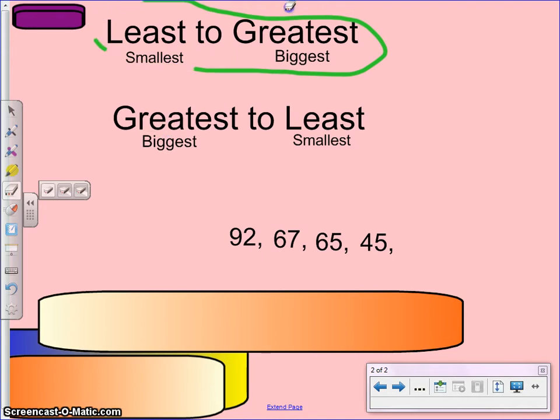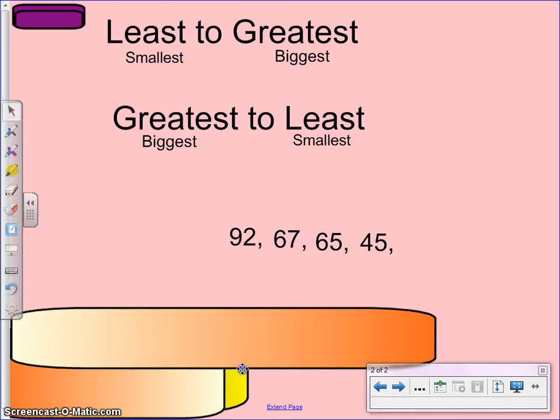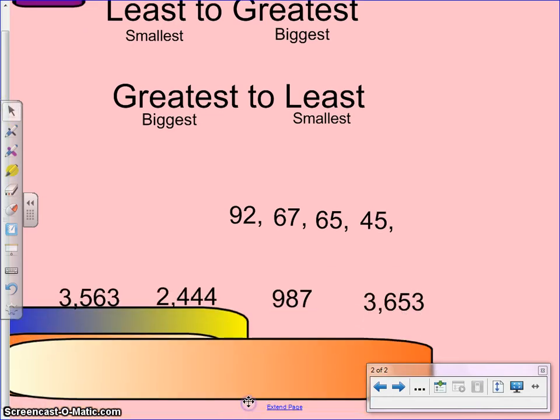Okay? And then another important thing to remind you about too is, just like comparing numbers, you want to make sure that you're really paying attention to the place values and not just going by the first digit in the number. Because just like when you're comparing the numbers, they could look a lot different.